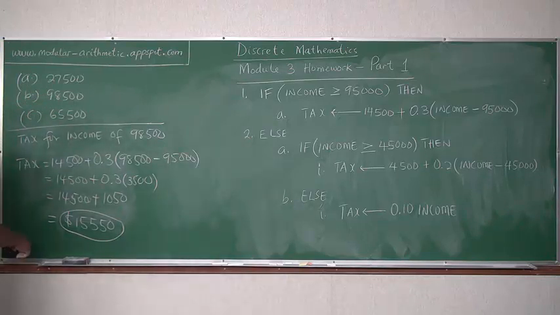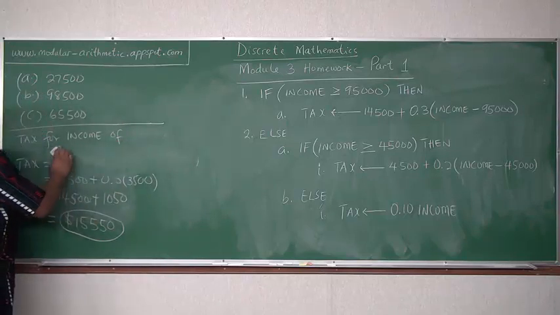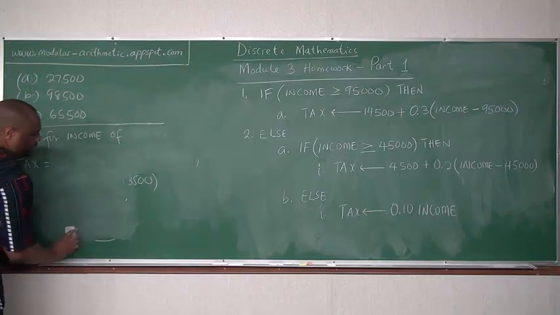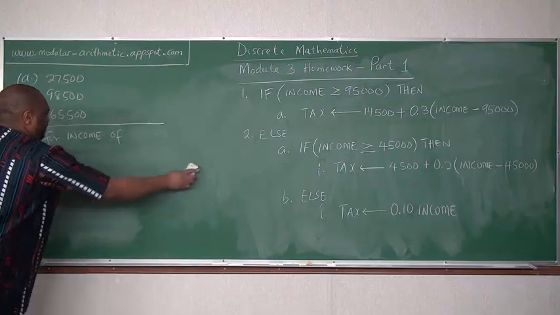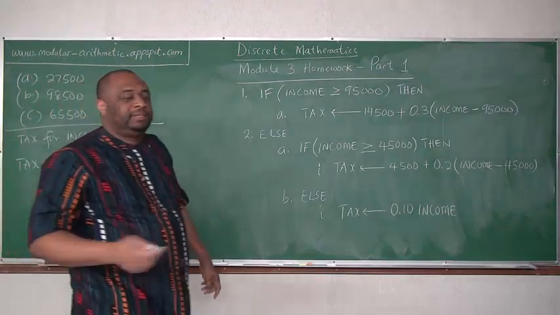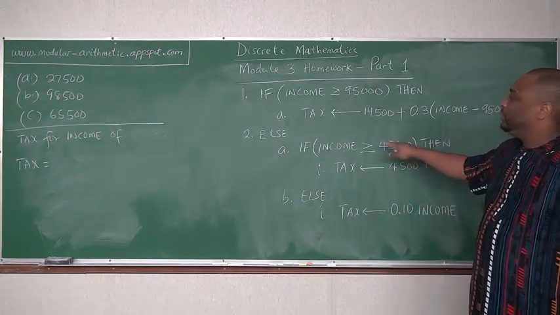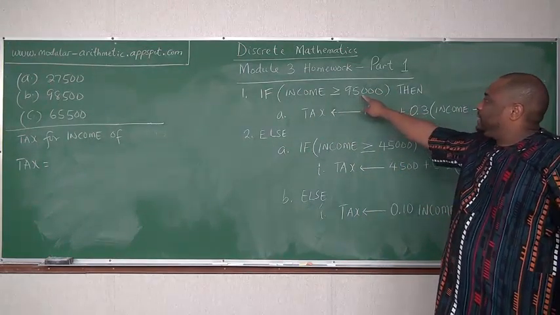Okay, let's do the next one, the C part. 65,500. So 65,500 is greater than 45,000. Okay, but it's less than this.